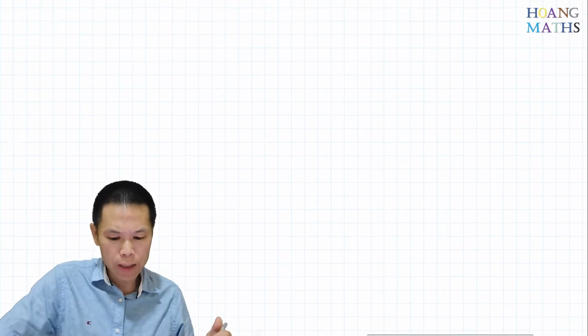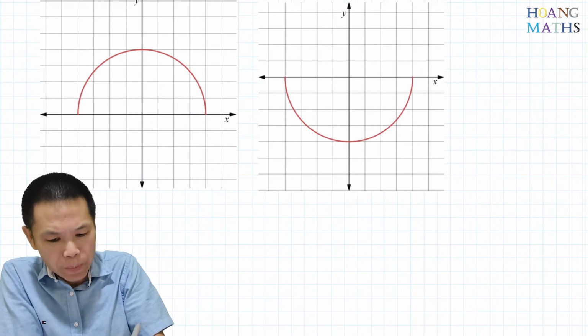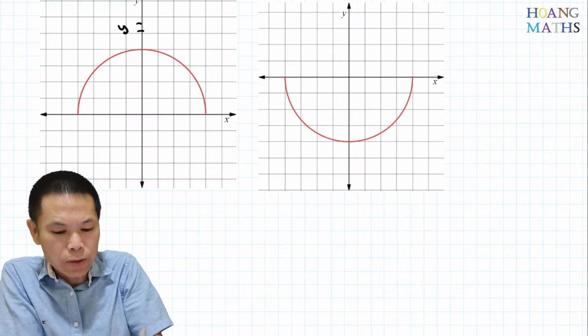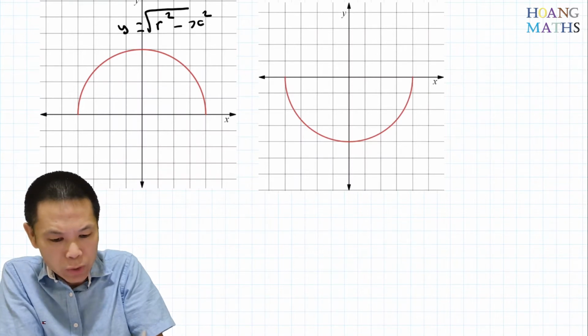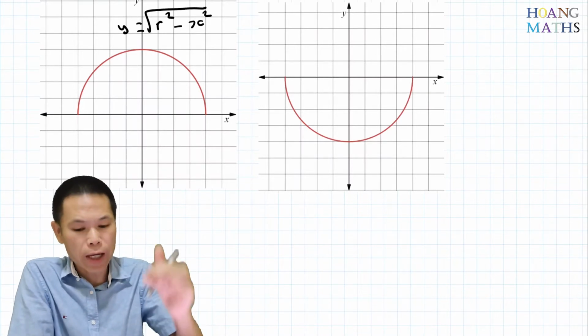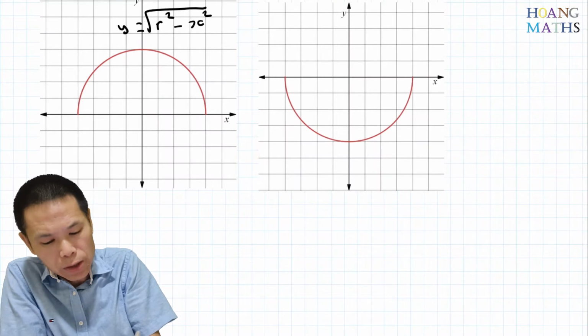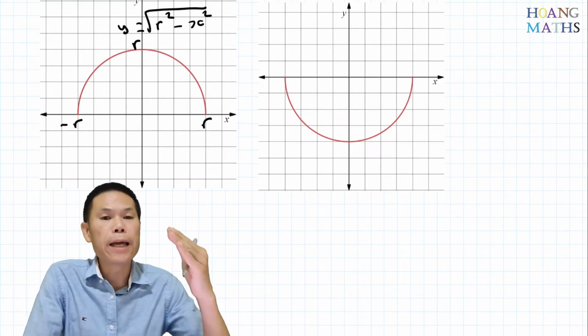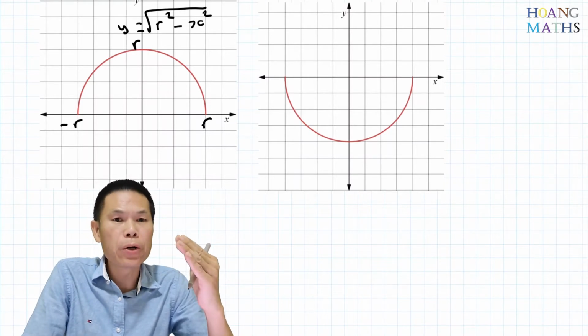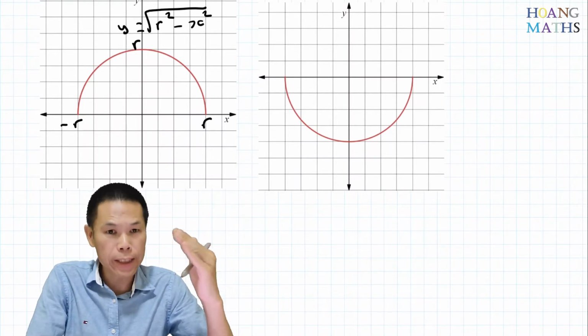In other words, this one here, y is equal to the square root of r squared minus x squared, is above the x-axis. This is r, negative r. The center of this semicircle is 0, 0 and the radius is r, okay?